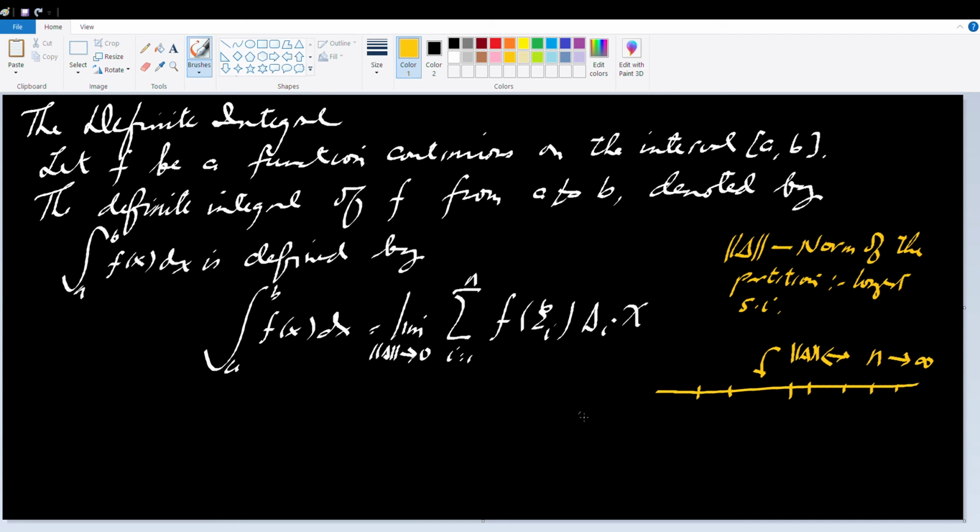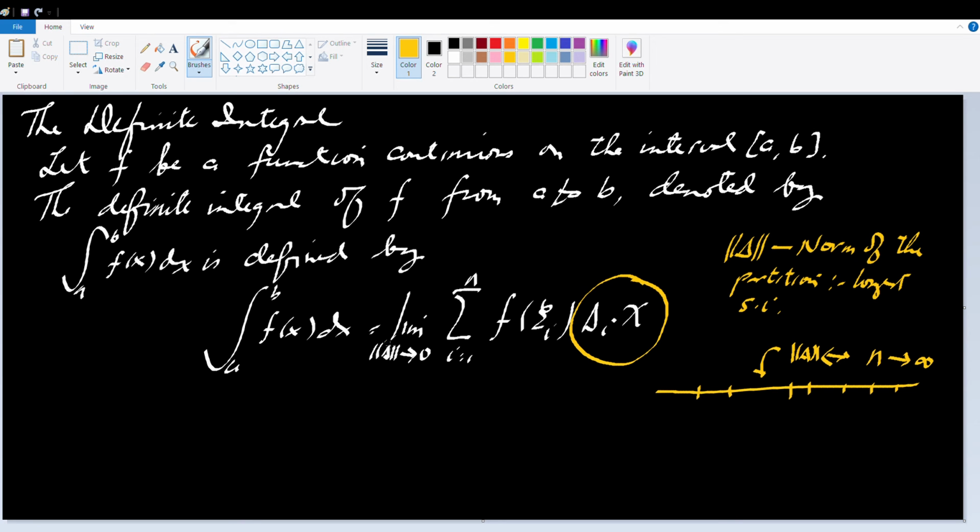So now we know that the definite integral is simply the limit of the Riemann sum. Okay? And how do we get the limit of the Riemann sum? By finding first the sum of f of c sub i delta sub i x. And to do that, you have to define the partition. Of course, you can use normal or regular partitioning.